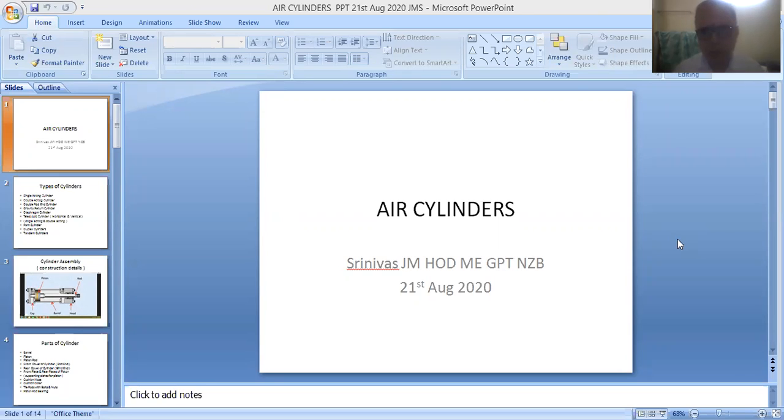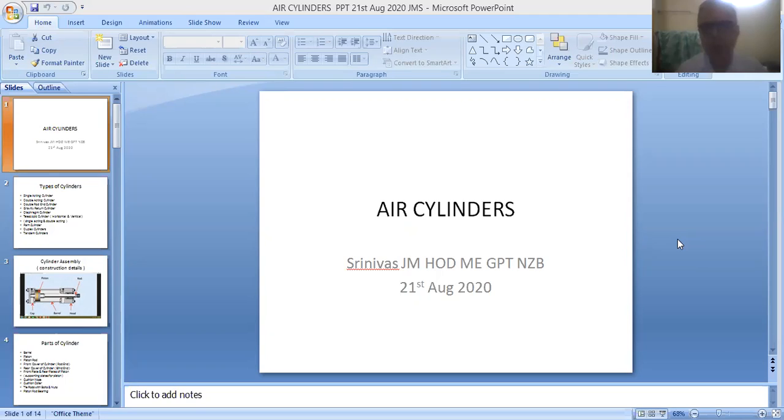Today we are going to discuss the construction and working of air cylinders. Different types of cylinders are available, used in different situations.